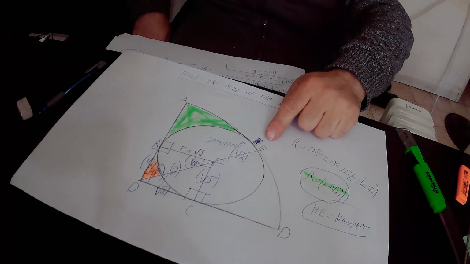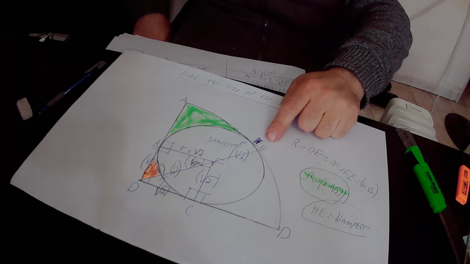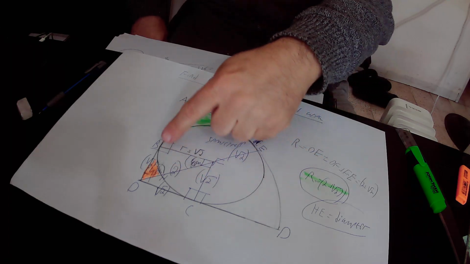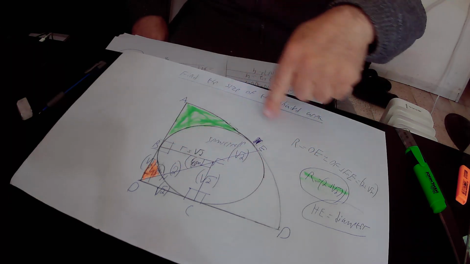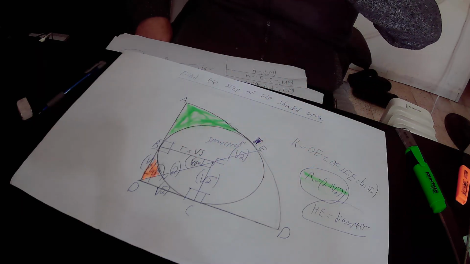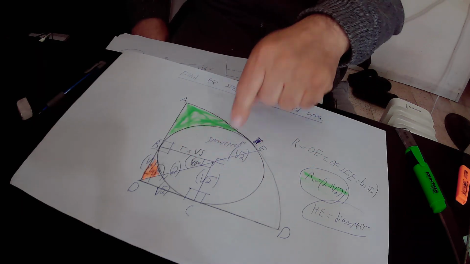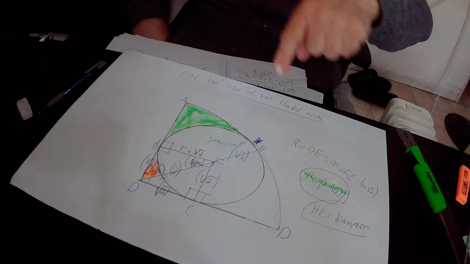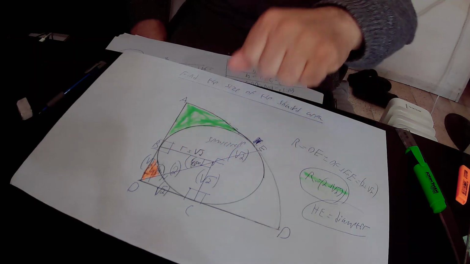We define the touching point as E. Or we can say that it is the point of tangency of this small circle with this big quarter circle. And finally, we define the center of this small circle as F.